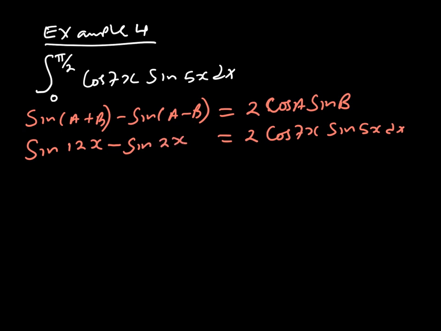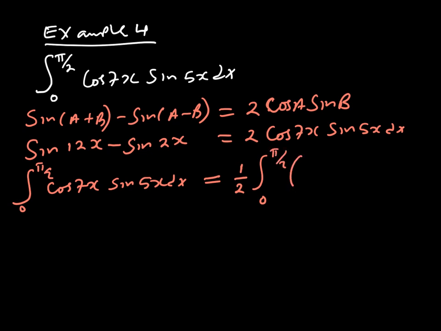So if you are integrating from 0 to pi over 2 cosine 7x sine of 5x dx, it is the same thing as integrating 1/2 from 0 to pi over 2 of sine 12x minus sine of 2x dx.